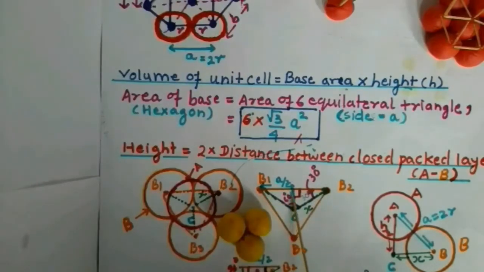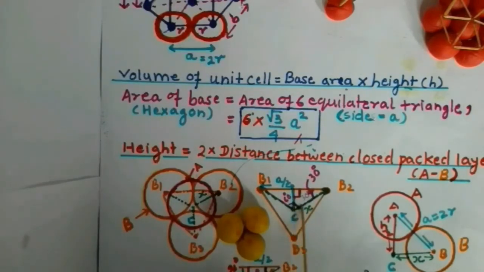So if we drop a perpendicular from the centroid on this side, a right angle triangle will be formed. And since this perpendicular is the bisector of this angle, because it is an isosceles triangle, here the two sides, this one is also x, this one is also x, and this total length is equal to A. Since it is an isosceles triangle, if we drop a perpendicular from this vertex C on this base, it will be a perpendicular bisector.